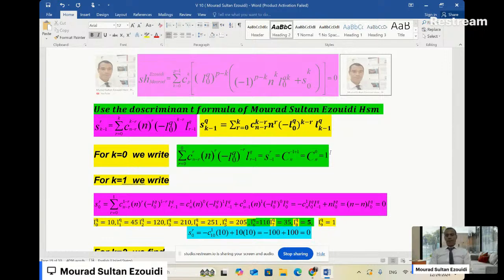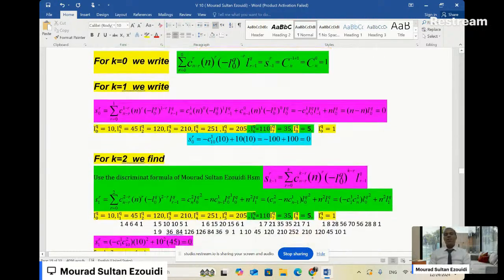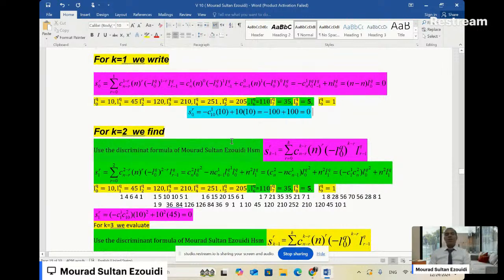Now, my kids, for k equal 1, we will find S0. S0 is the sum of the roots of this 10th degree equation. We make our substitution, and we found that S0 is equal to 0, because minus 10 choose 1 times 10 plus 10 times 10 is 0.